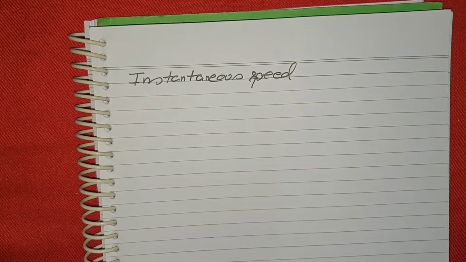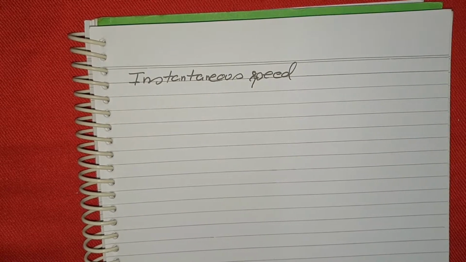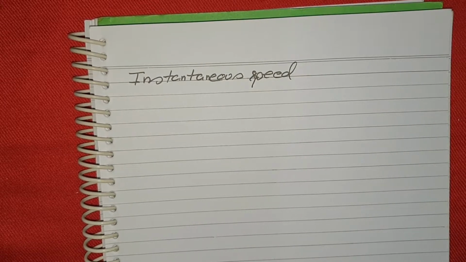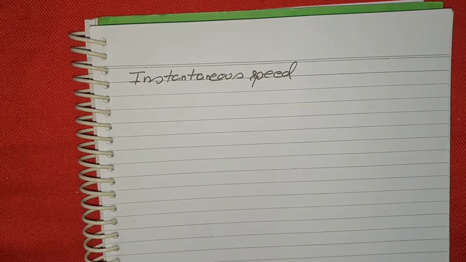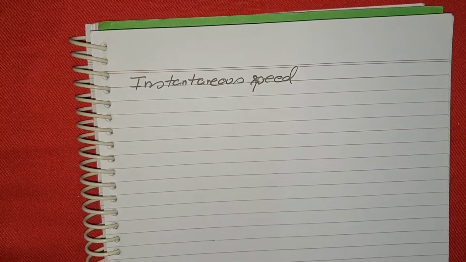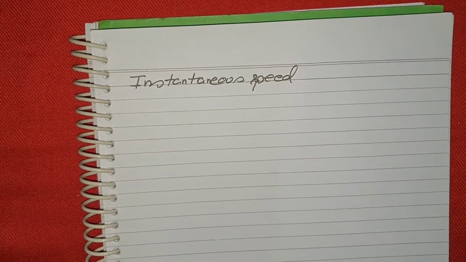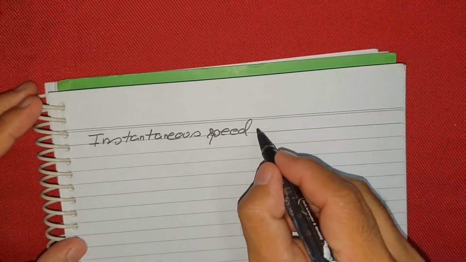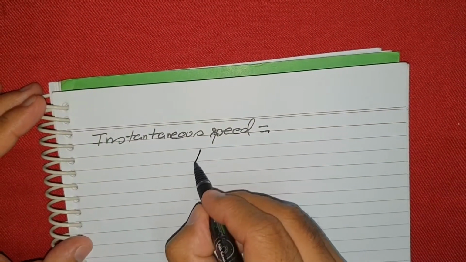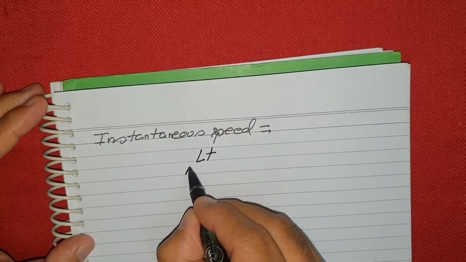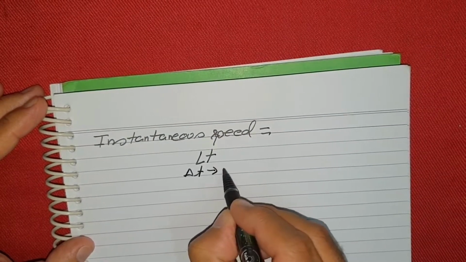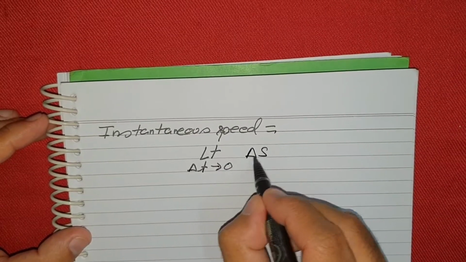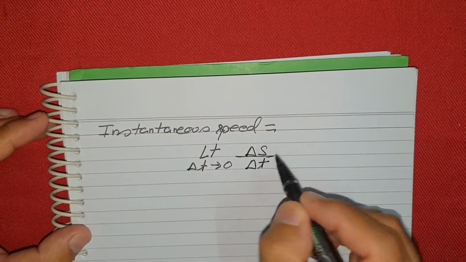Now, instantaneous speed of an object at an instant of time is defined as the limit of average speed as the time interval delta t becomes infinitesimally small, which is very small. So, to write this, instantaneous speed is equal to the limit as delta t tends to 0 of delta s by delta t.